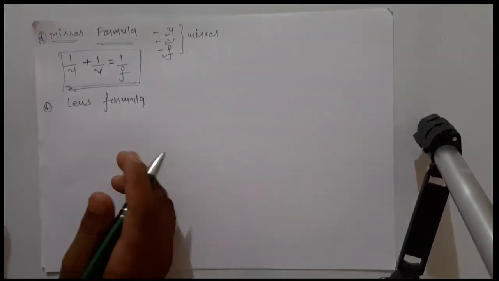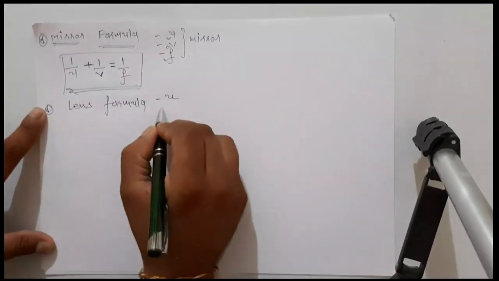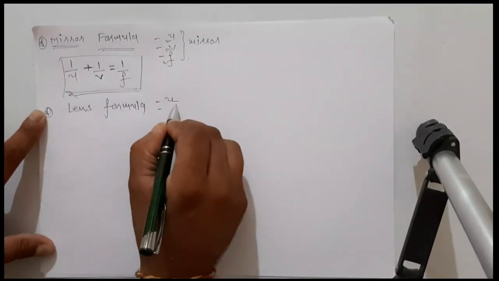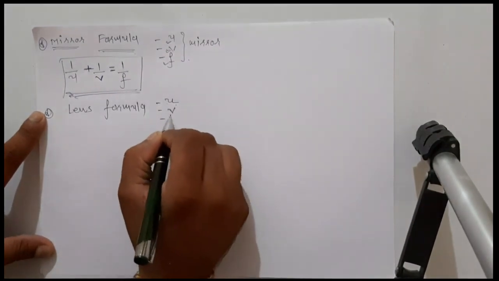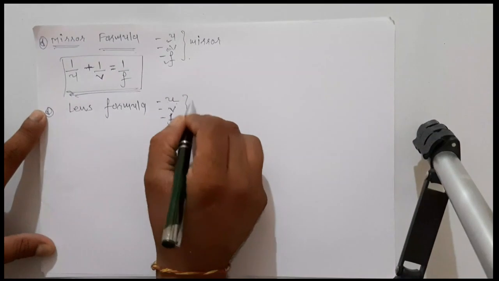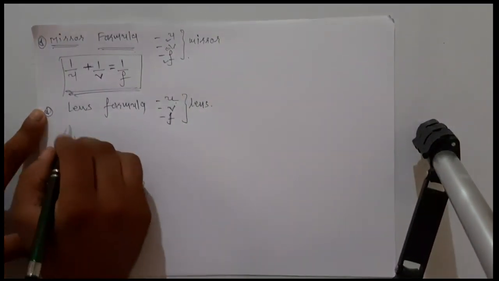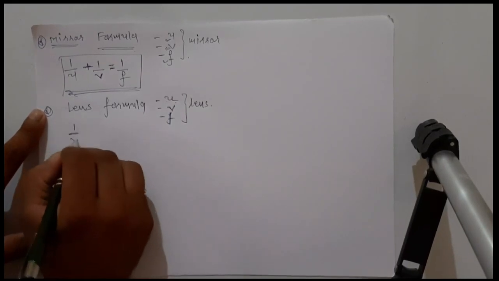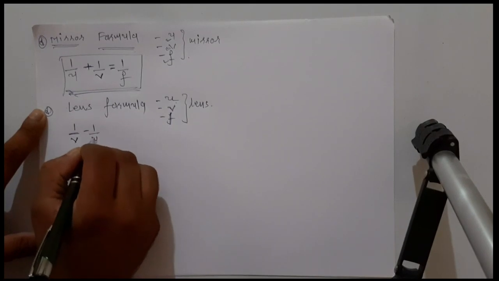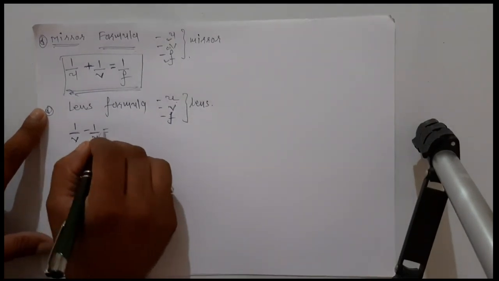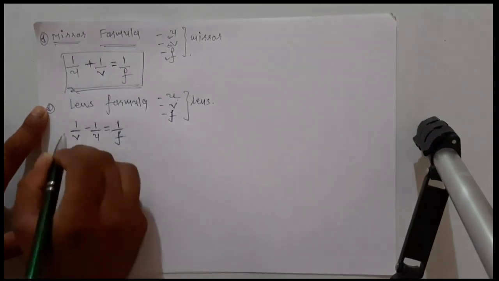In the lens formula, in the same way, for a lens it is a relation between u object distance, v image distance and f focal length. So we will get our lens formula: 1 upon v minus 1 upon u is equal to 1 upon f.